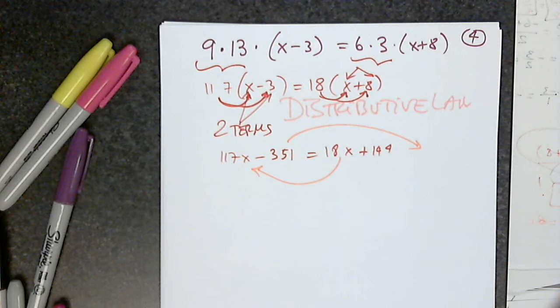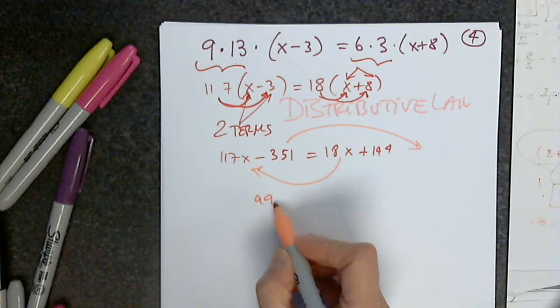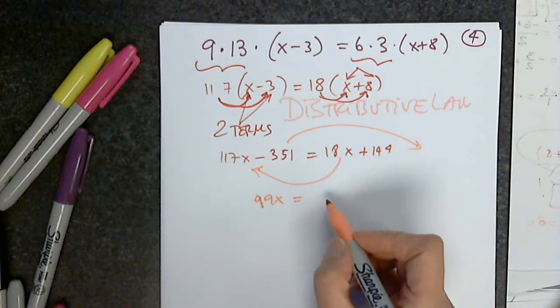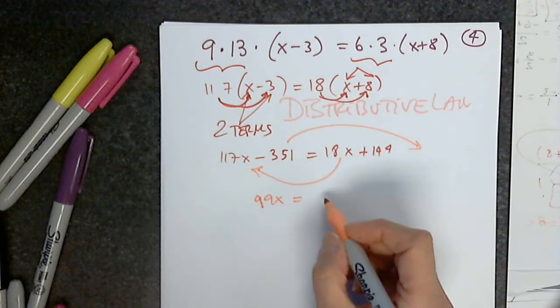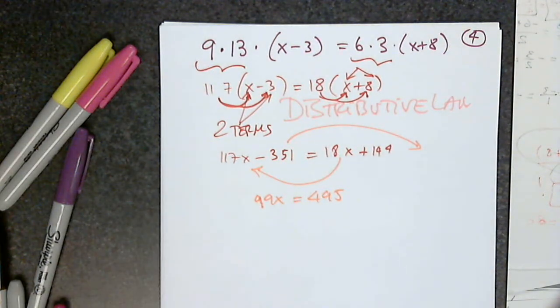So what do I get? Is it 99x equals? Is it 495? Yes. Then you divide both sides by 99. Why do I divide both sides by 99? Because it has the variable.